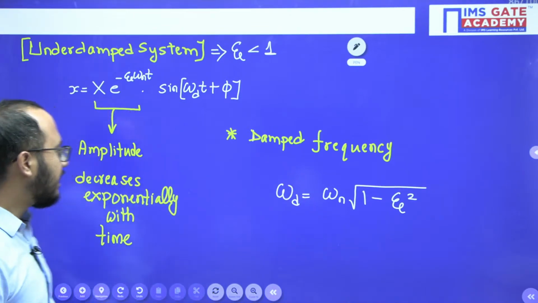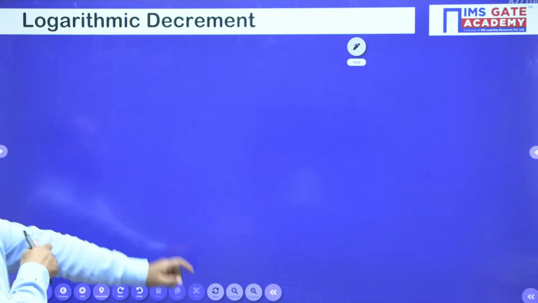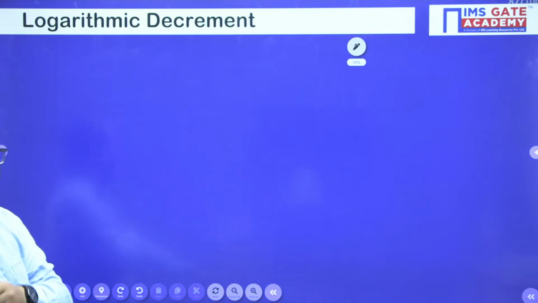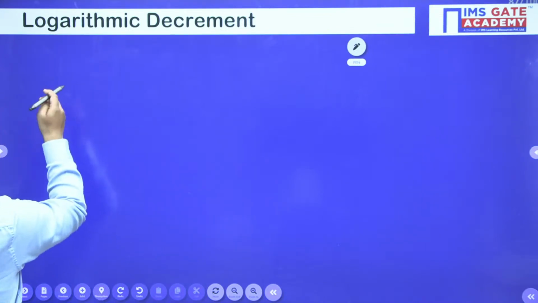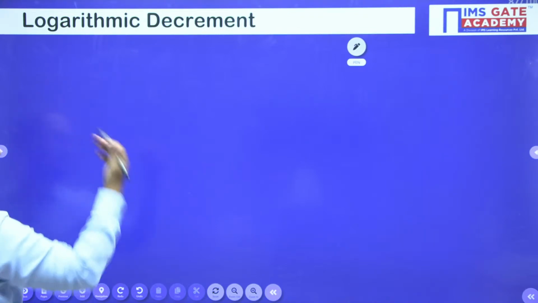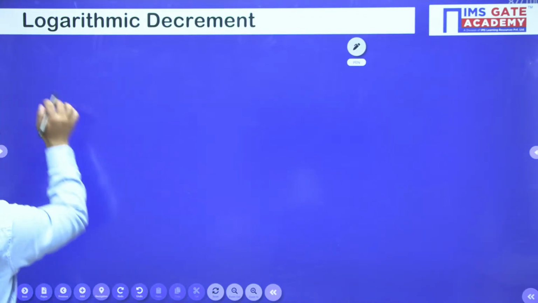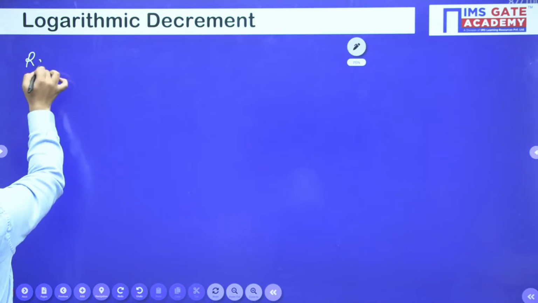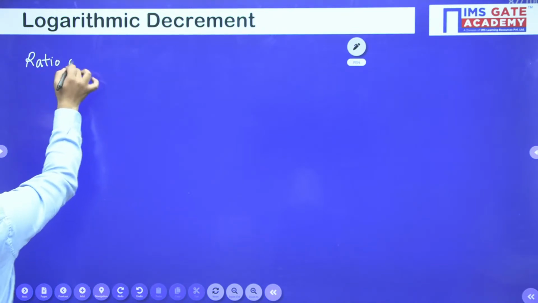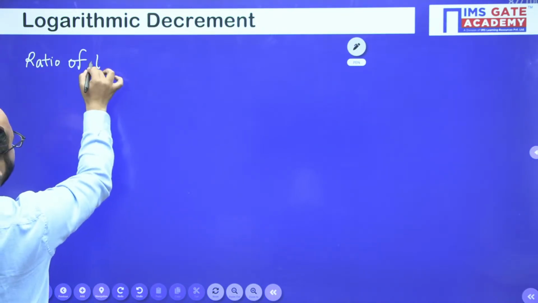Now one more thing that we should discuss here is next, logarithmic decrement in this case only, right? Actually what will happen? The ratio of two successive amplitudes is constant here. You should understand this point.